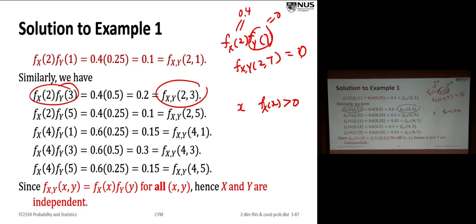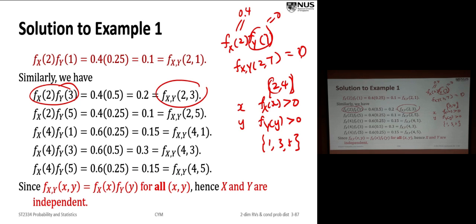In other words, I don't have to check x equal to 1 or x equal to 10 because I have only 2 values, x equal to 2 and 4, that have bigger than 0. So you also have to look at the y values for which this one is bigger than 0. So in this example, you only check x equal to 2, 4, and y equal to 1, 3, 5. You just check all this.